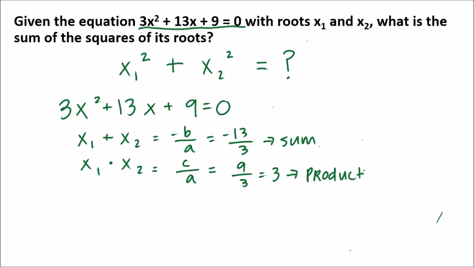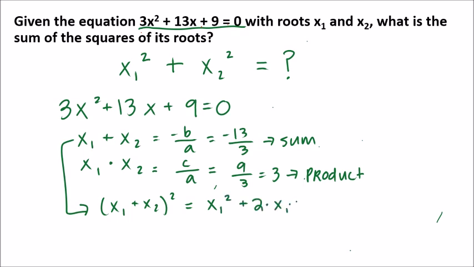So we could square something. Do we want to square? Let's square this first expression here. So x sub 1 plus x sub 2 squared. Well, it's the square of an expression. We know how to do that from algebra as well. That's x sub 1 squared plus 2 times x sub 1 times x sub 2 plus x sub 2 squared.